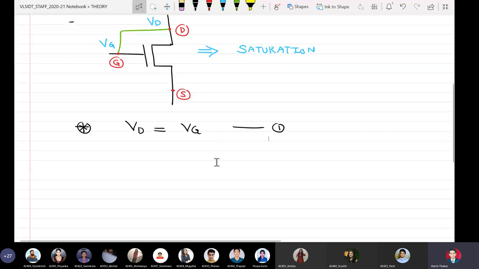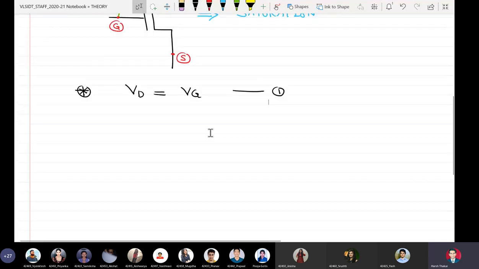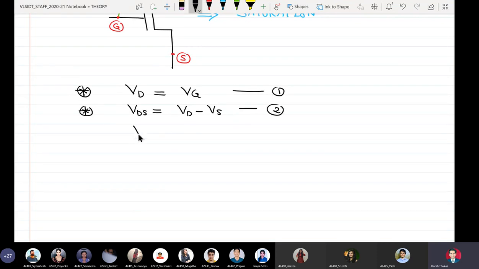So drain voltage is equal to gate voltage. Now we also know these basic relationships, that is drain to source voltage is equal to drain voltage minus source voltage, equation 2, and we have the gate to source voltage VGS is equal to gate voltage minus source voltage, equation number 3.